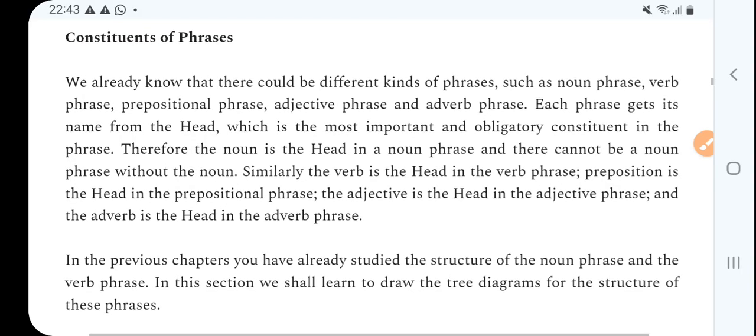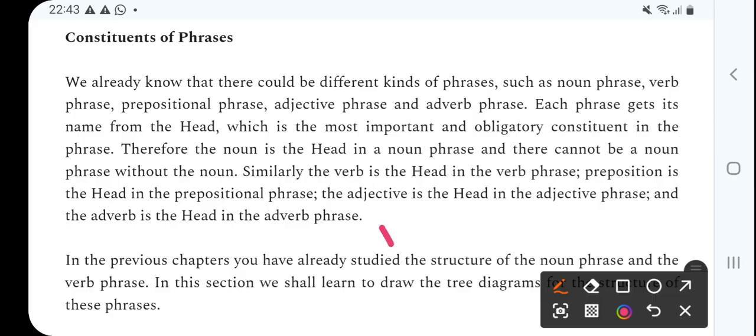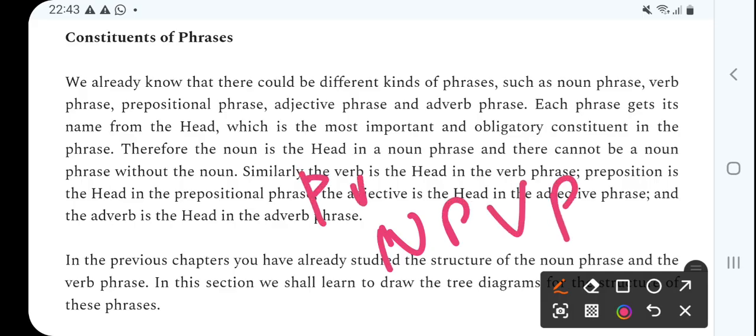Now, constituents of phrases, very important. We also know that there could be different kinds of phrases such as noun phrase, verb phrase, prepositional phrase, adjective phrase, and adverb phrase.